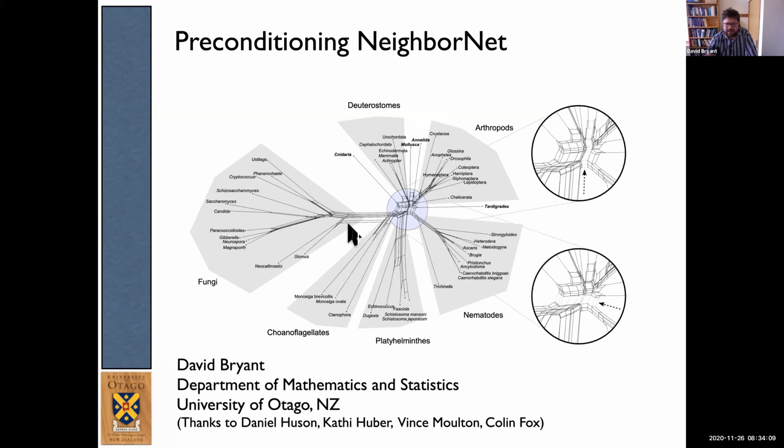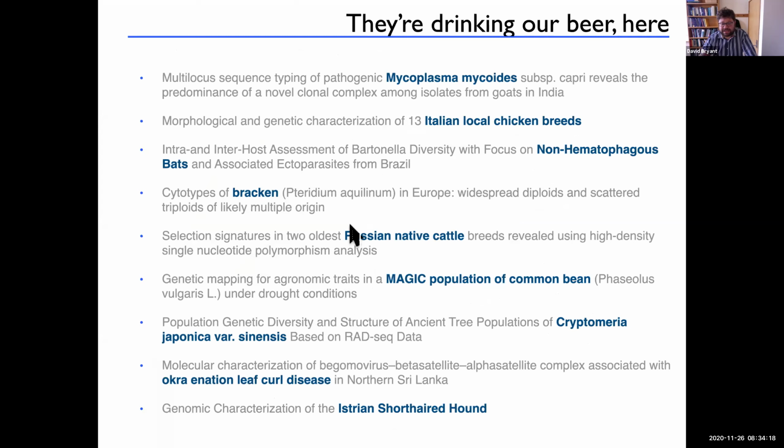So Google Scholar will tell you where a method's been cited in the last few weeks. And so I had a look, and here's a selection of those in the last month or so. And so we have some bacterial, Italian chickens, bats, on bracken, Russian native cattle, magic beans, that's Japanese cypress, leaf curl disease, and this one caught my attention, the Istrian short-haired hound.